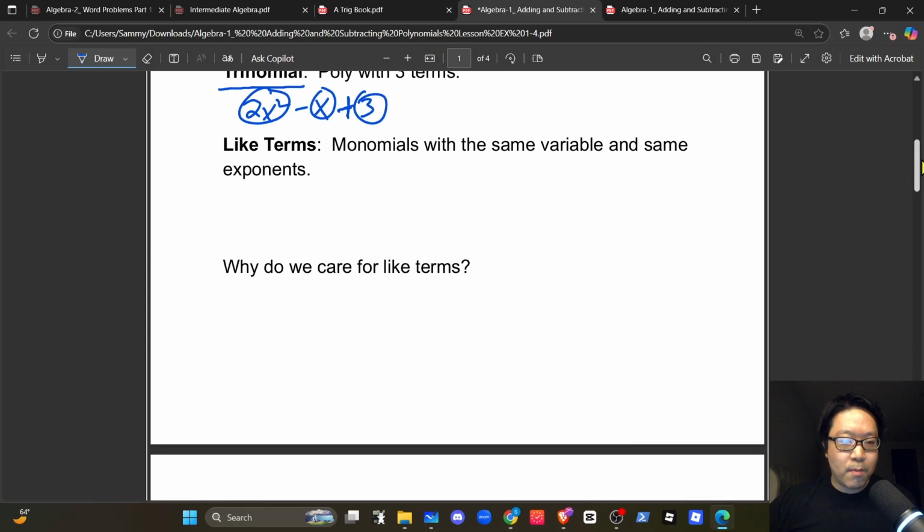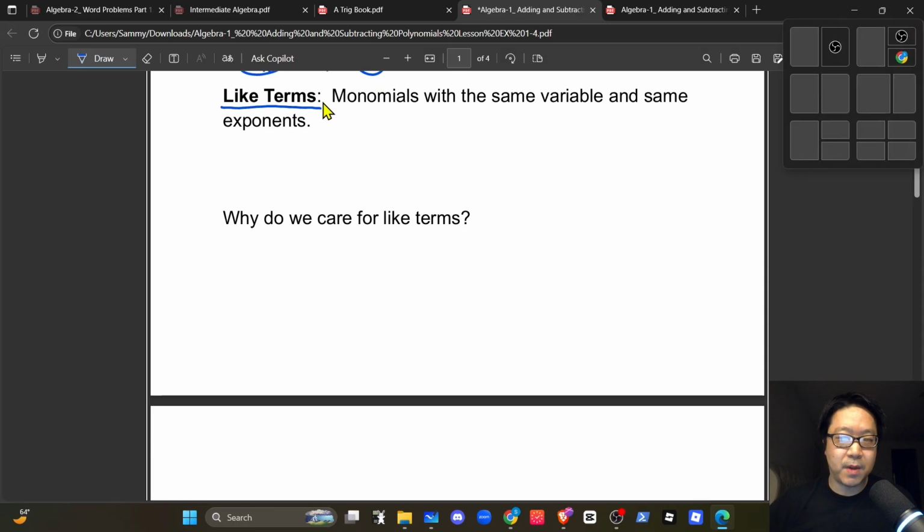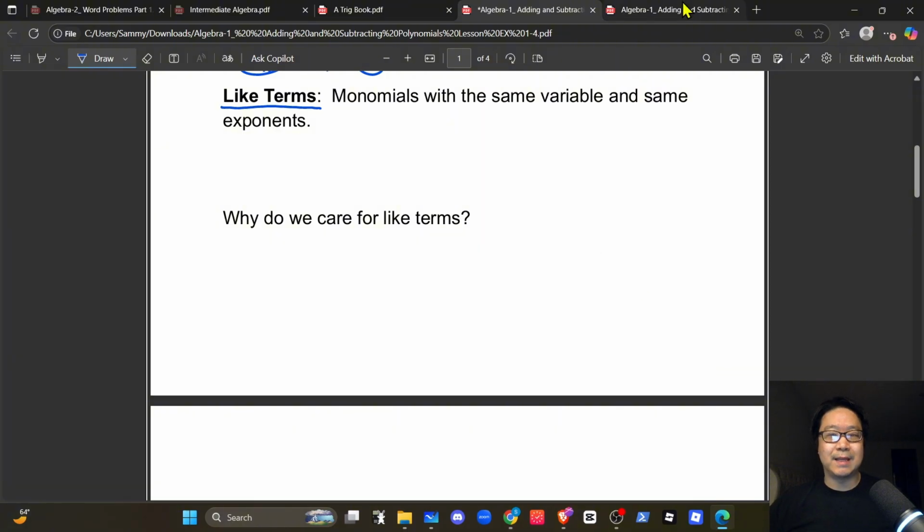You also need to know about like terms. Like terms are monomials with the same variable. That's very important. And same exponents. Not just variables, but variables with the same exponents. And why do we care?